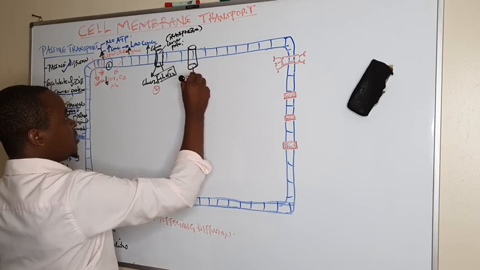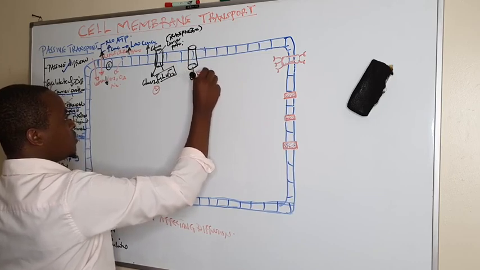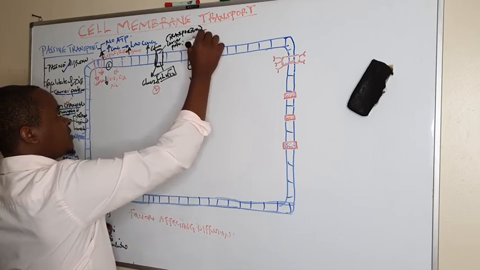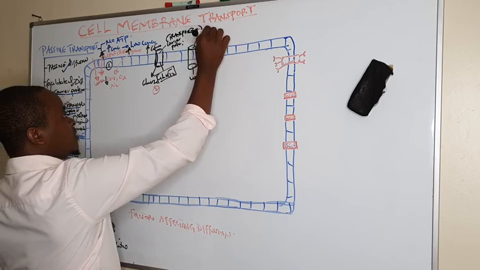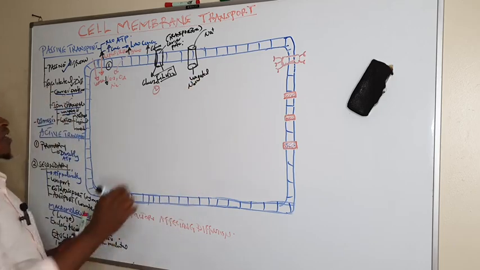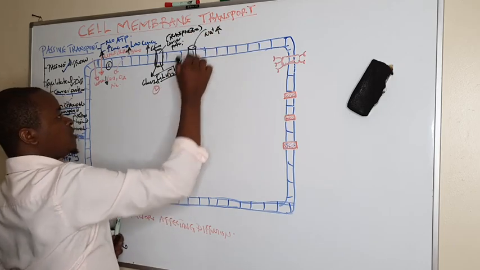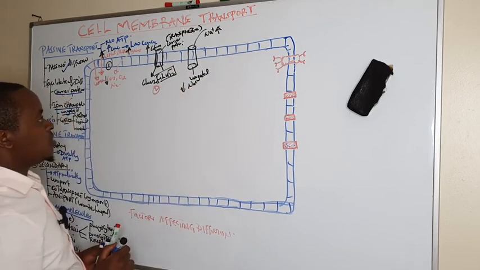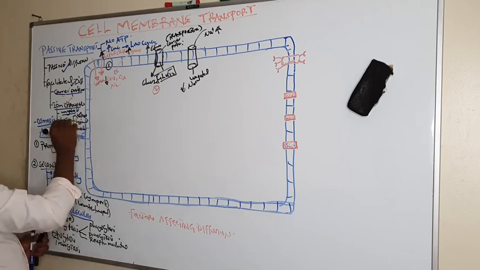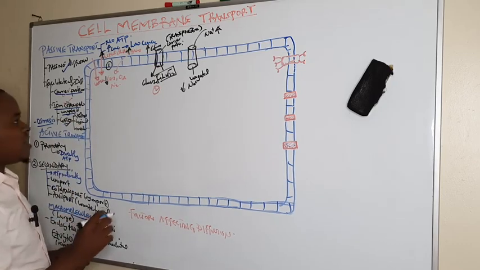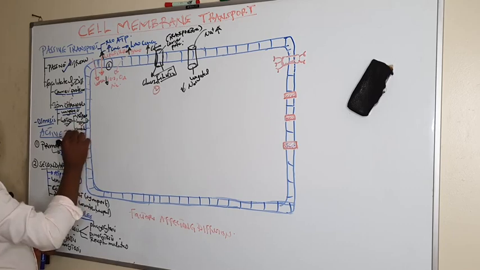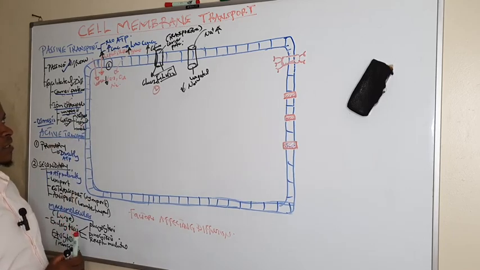These allow influx of ions into the cell from their region of higher concentration to region of low concentration. Then we also have the gated type, which can be voltage gated, ligand gated, or mechanically gated.